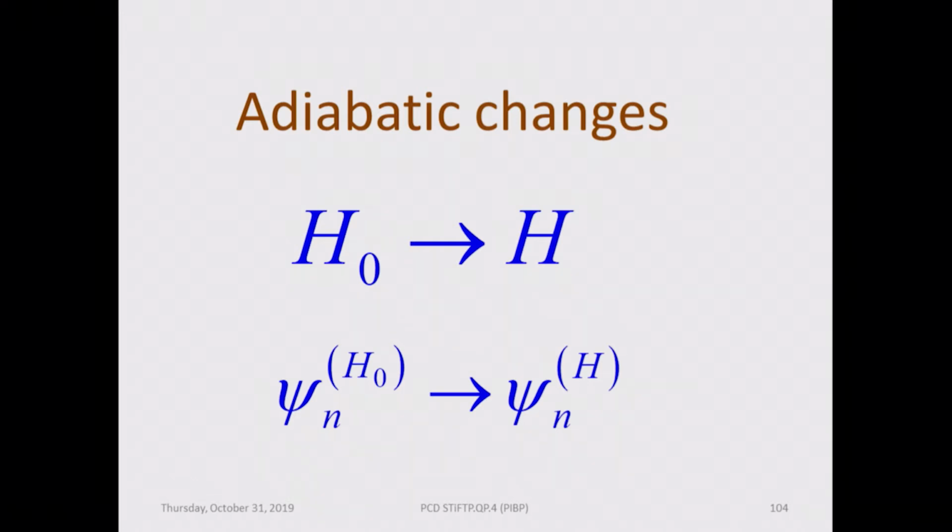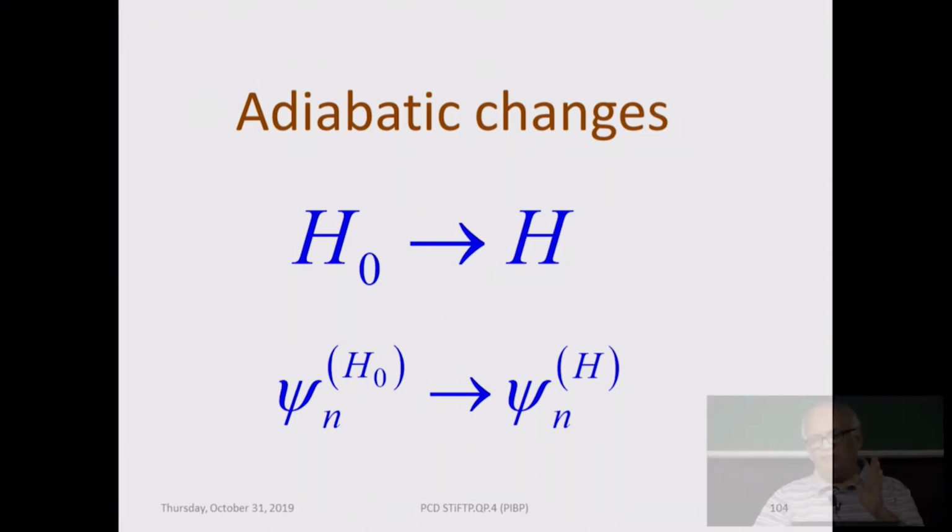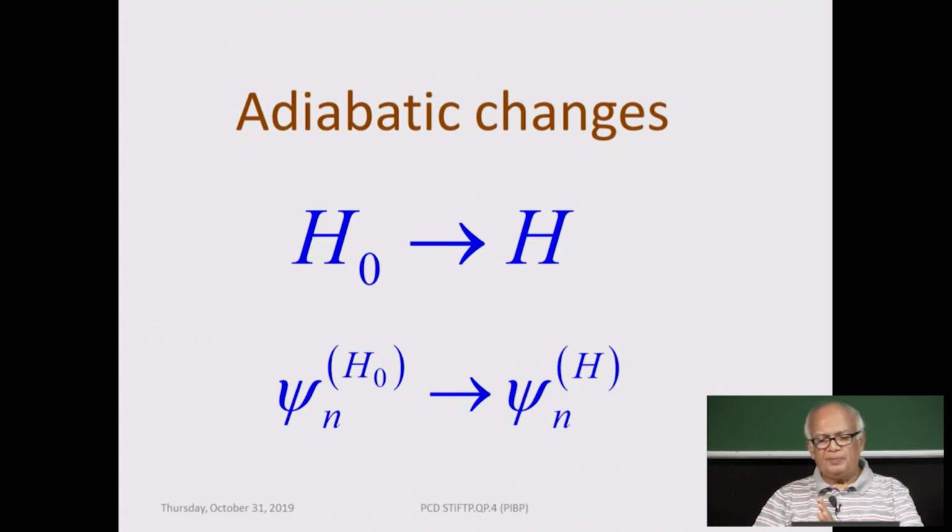We are now talking about adiabatic changes of the Hamiltonian from H0 to H and the wave functions becoming eigenstates of the full Hamiltonian. Okay. The change can be due to some external parameters, and then the eigenfunction will develop into the eigenstates of the new Hamiltonian with the new parameters, but it will remain in the same state.